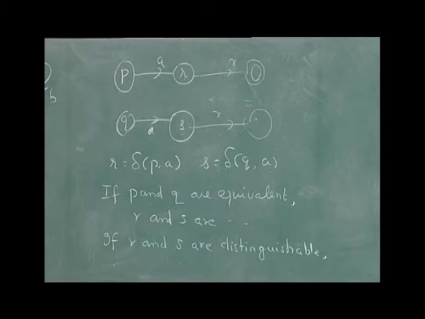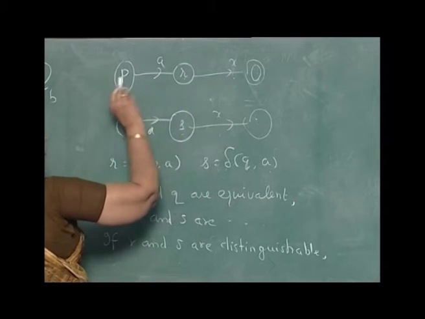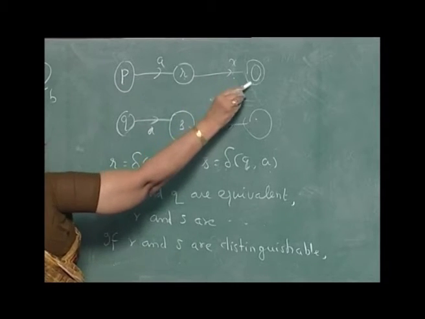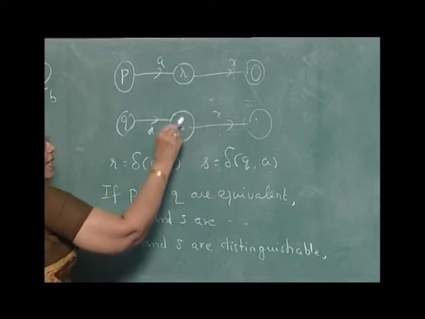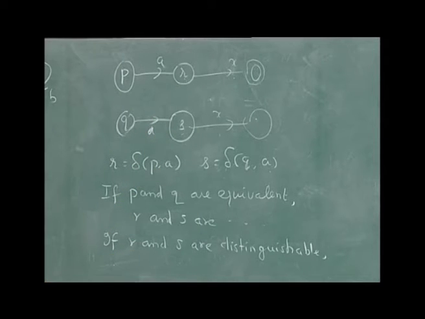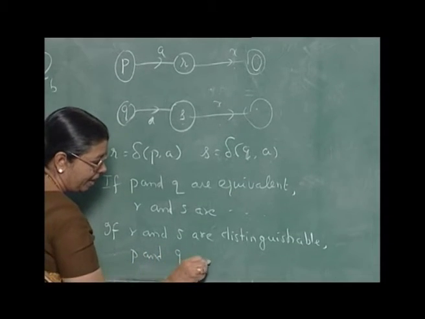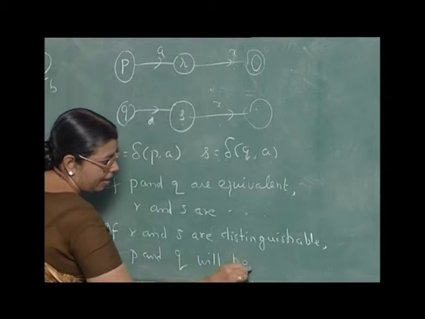So, the string Ax will take P to a final state and take Q to a non-final state. So, if x is a distinguishing string for R and S, Ax will be a distinguishing string for P and Q. So, if R and S are distinguishable, P and Q will be distinguishable.